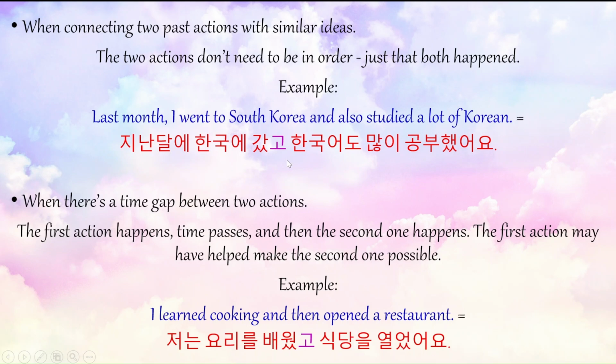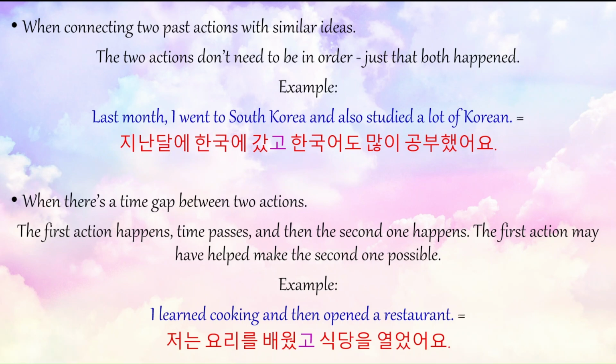As I said, you have to conjugate the first verb. So in past tense, the first verb is 갔다. The stem is 갔. So you have to attach go to it, and it becomes 갔고. This is how it works.